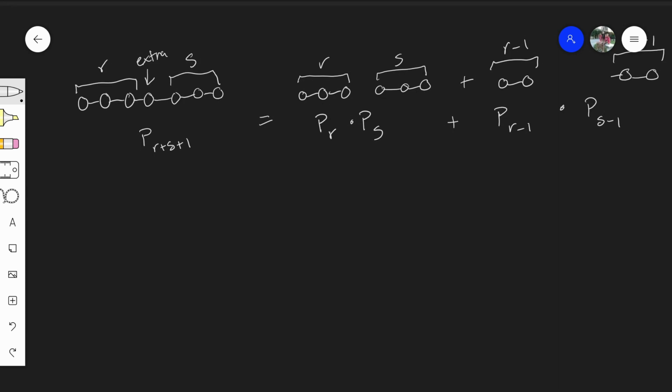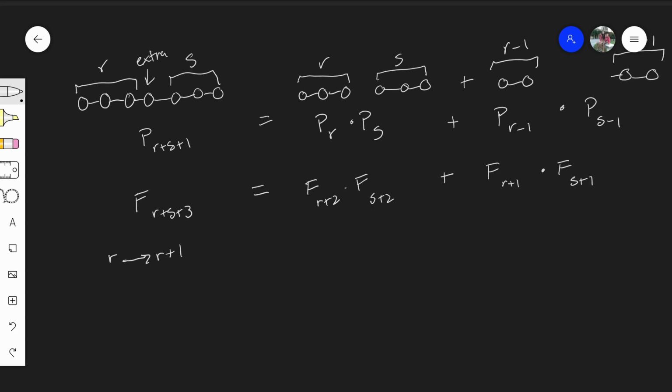When we convert this into Fibonacci numbers, we find F sub R plus S plus 3 is equal to the R plus 2 Fibonacci number times the S plus 2 Fibonacci number plus the R plus 1 Fibonacci number times the S plus 1. And we can further make this a lot simpler.